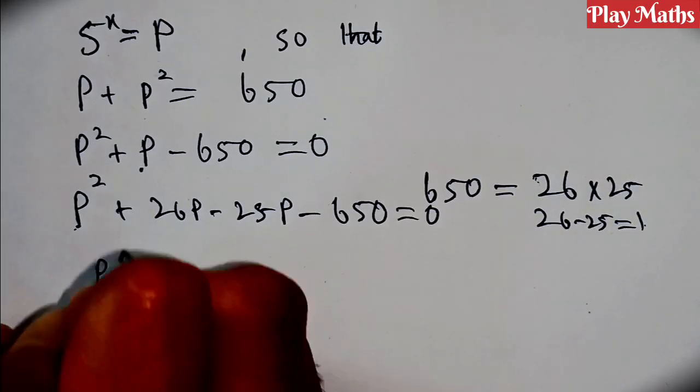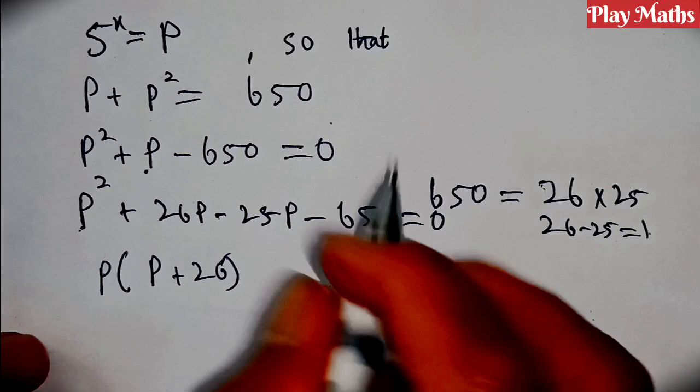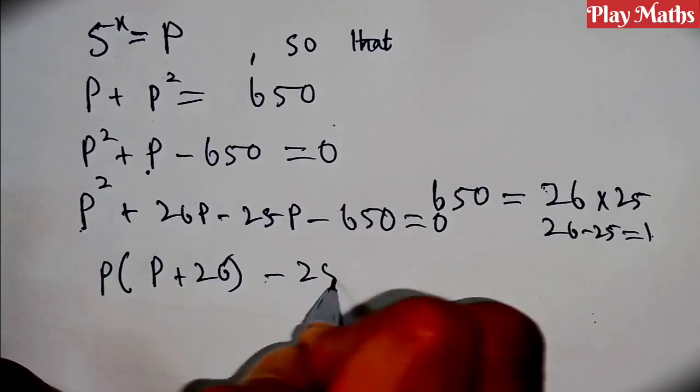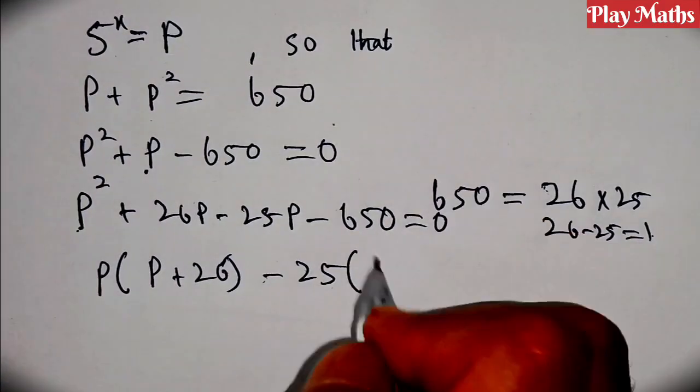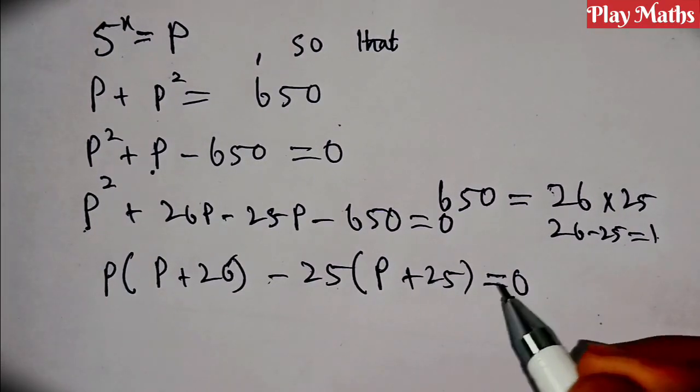Take p common, p plus 26, take minus common and 25 common. Here will remain p plus 26 equal 0.